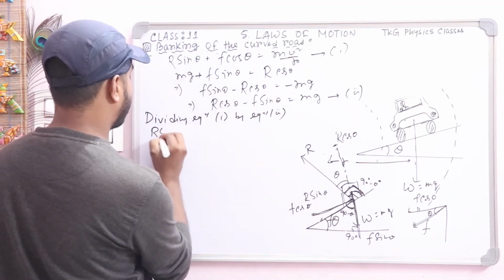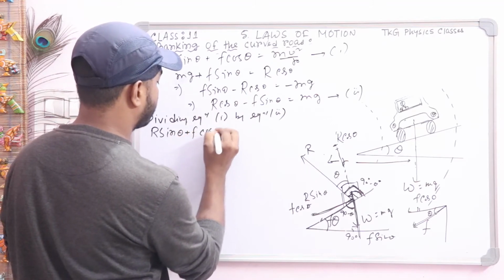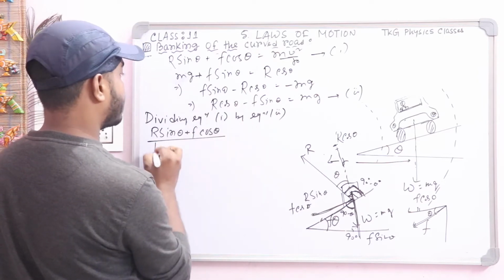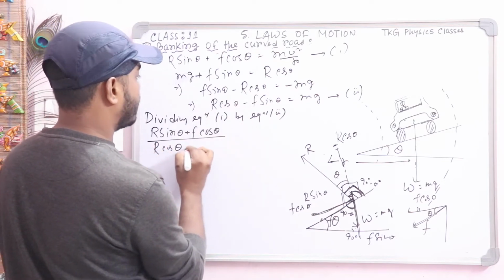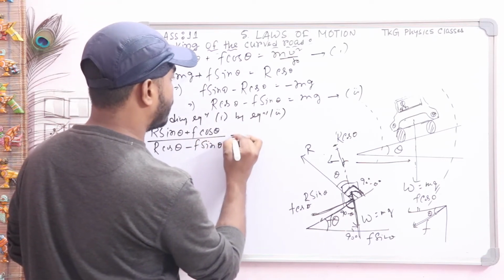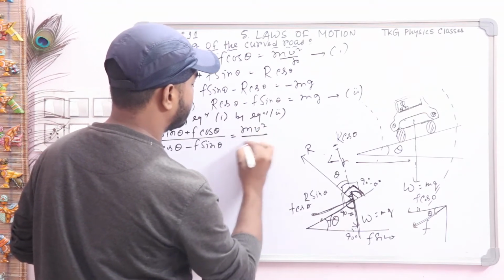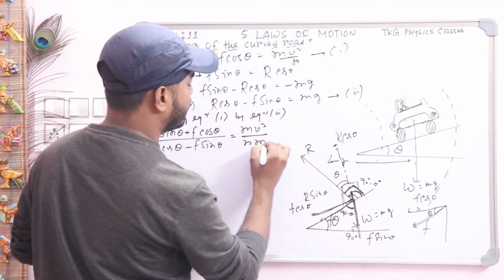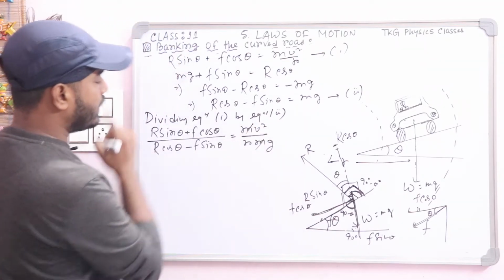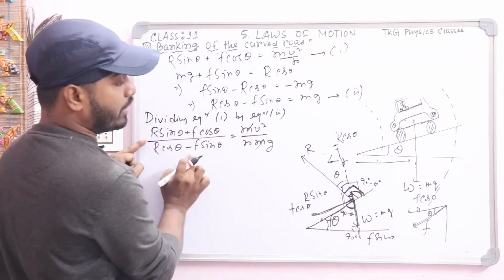Equation 1, that is R sin theta plus f cos theta, divided by equation 2, which is R cos theta minus f sin theta, is equal to mv square by r divided by mg. So m cancels out.